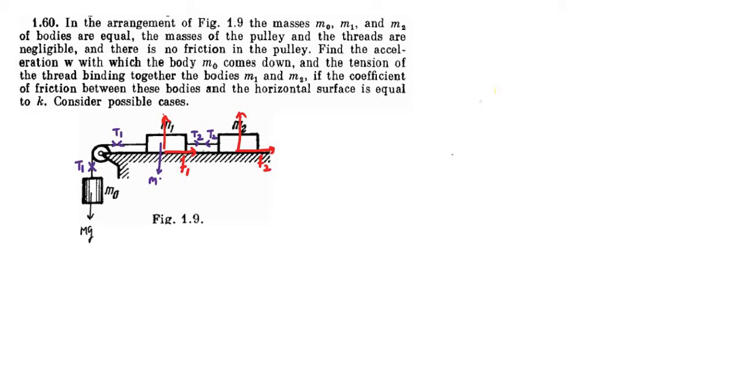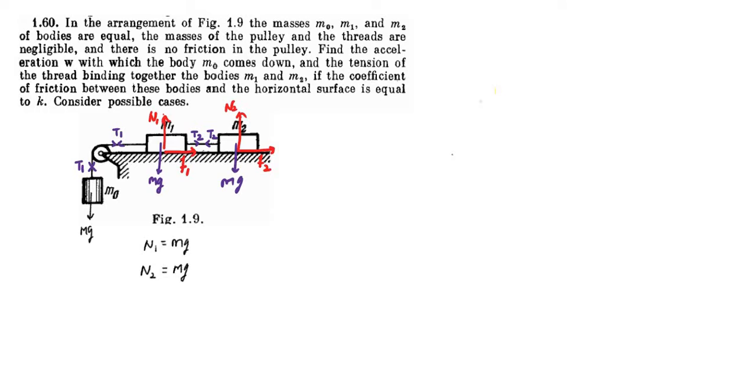So here m1 equals m2 equals m0, so we are writing it as mg. The normal reactions are N1 and N2, so N1 equals mg and N2 is also equal to mg.